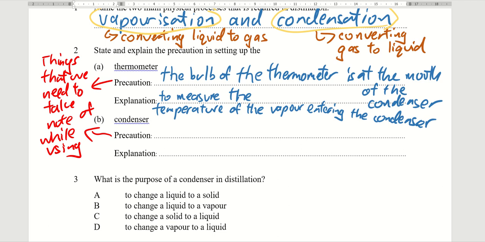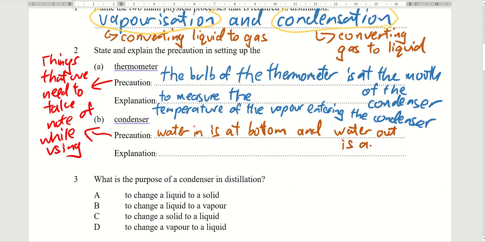For the condenser, the precaution is slightly different. Let me use a different color. For the condenser, you have to ensure that the water in is at the bottom. I put it in very simple terms for you. And the water outlet is at the top.